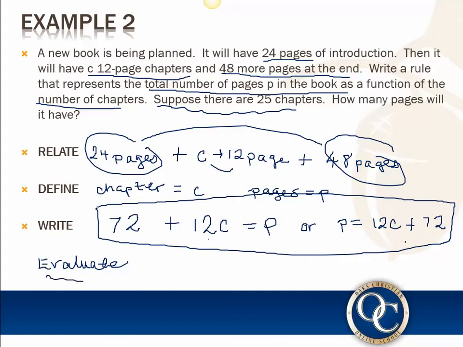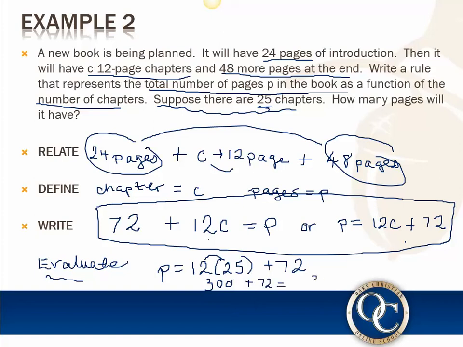Now we've got to evaluate it. Suppose there are 25 chapters. We're going to just use the rule and put 25 in there. Plus 72. I'm going to get my trusty calculator out. I'm going to multiply 12 times 25, and I get 300, plus 72.